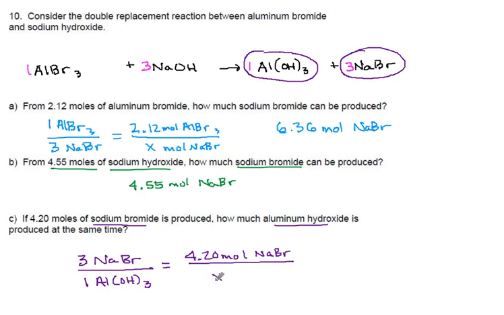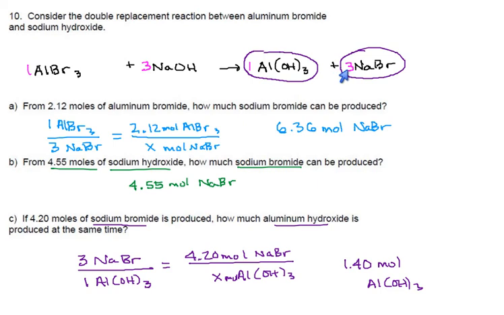And they ask how much aluminum hydroxide? How many moles? Al(OH)3. 1 times 4.2 divided by 3 is 1.4 moles of aluminum hydroxide.